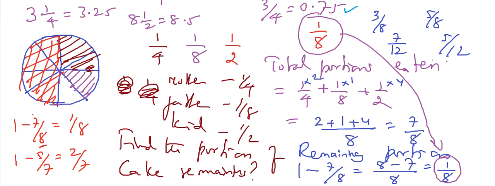If you understand this, you can quickly find 1 minus anything easily. So what's 1 minus 13 by 20? 20 minus 13 is 7, so 7 by 20.